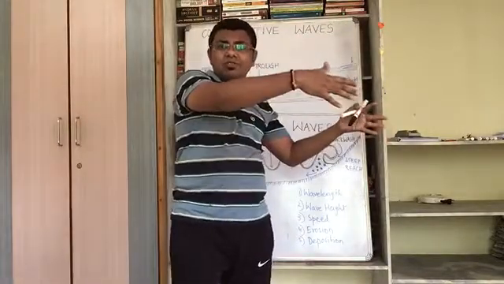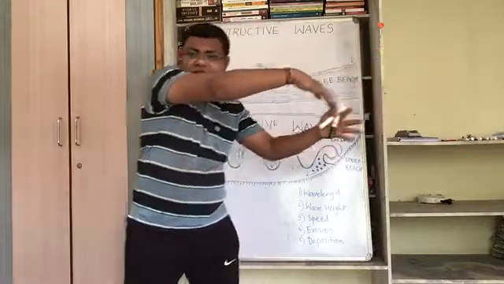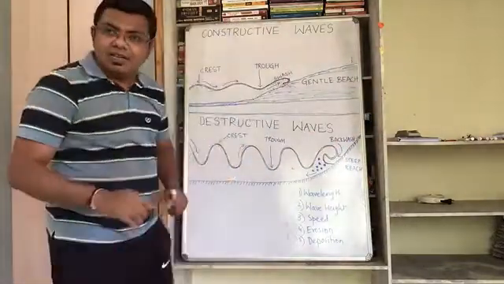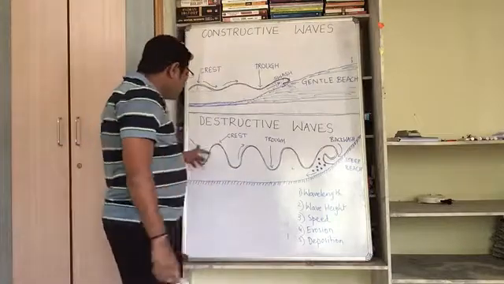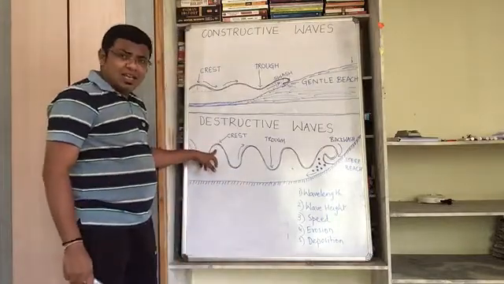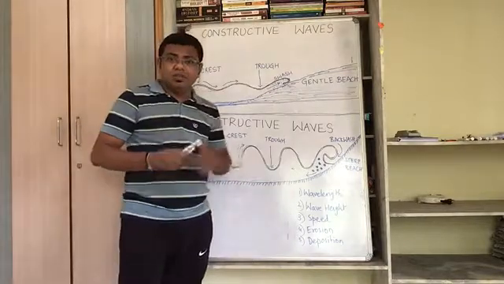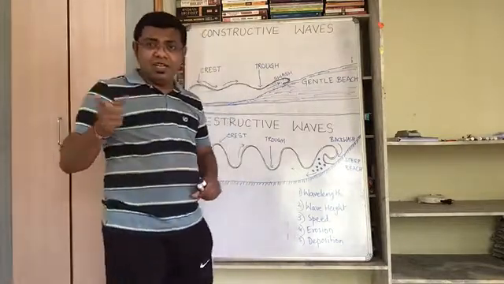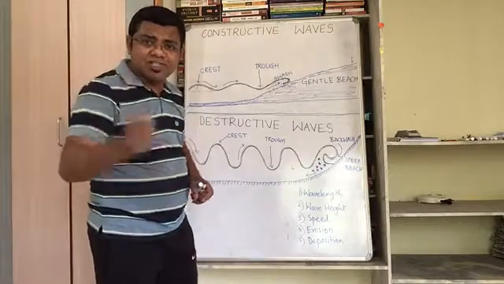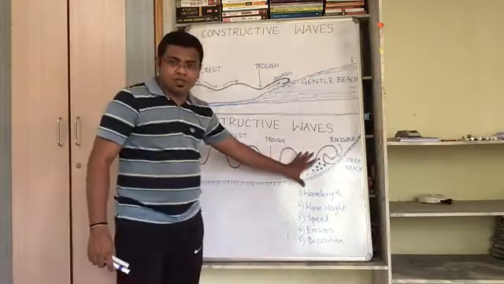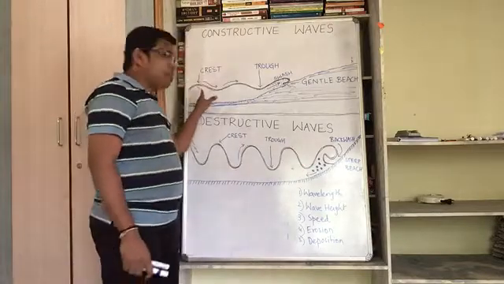Whatever has been deposited on the coast, that entire amount can be taken back by the waves and deposited inside the sea. So this way the wavelength is less and wave height is more in the destructive waves, and the wave speed, or wave frequency, is also very high, which results in erosion.